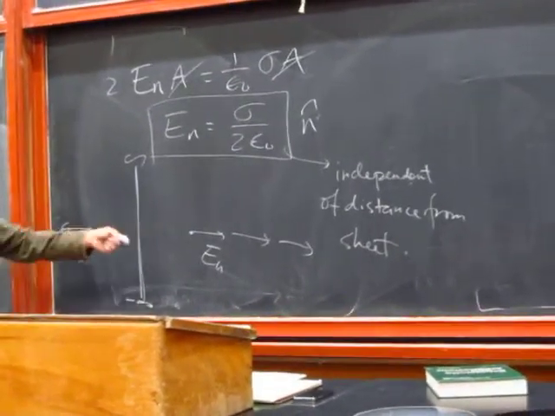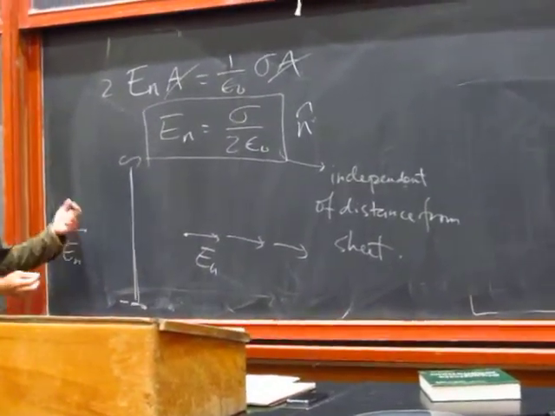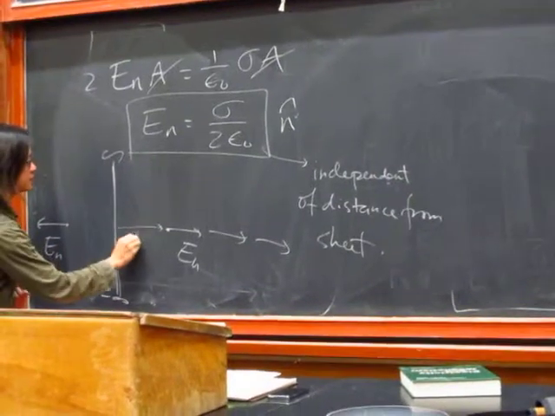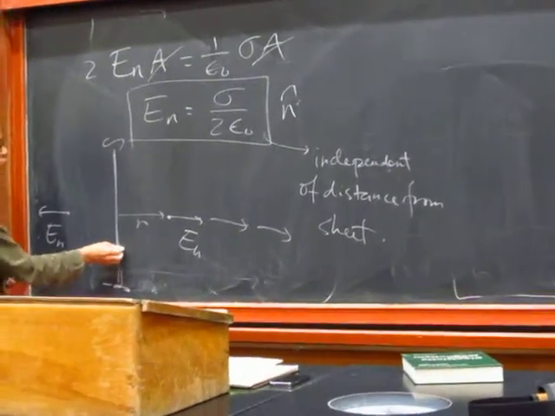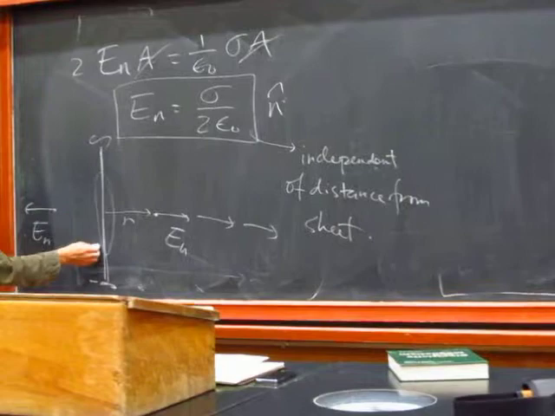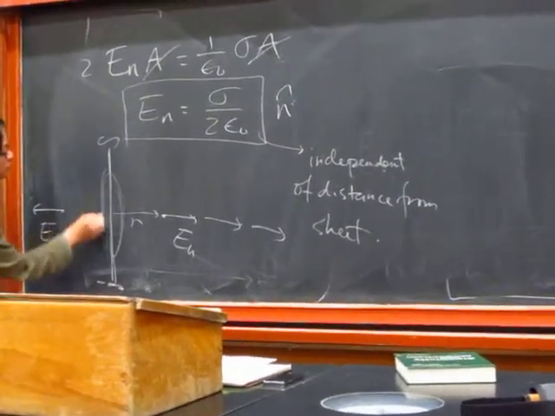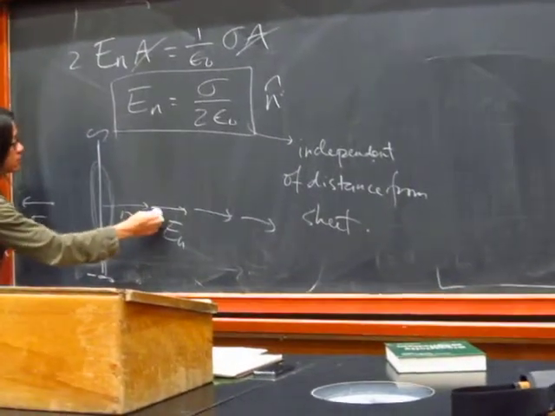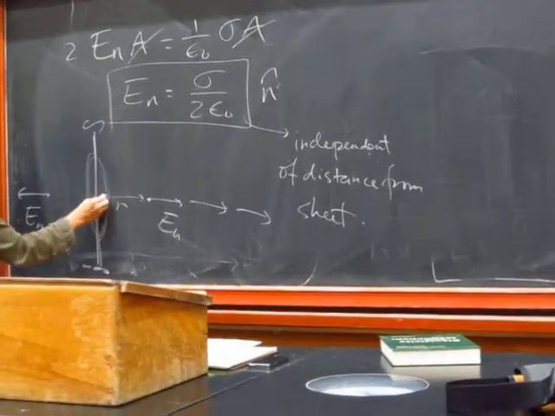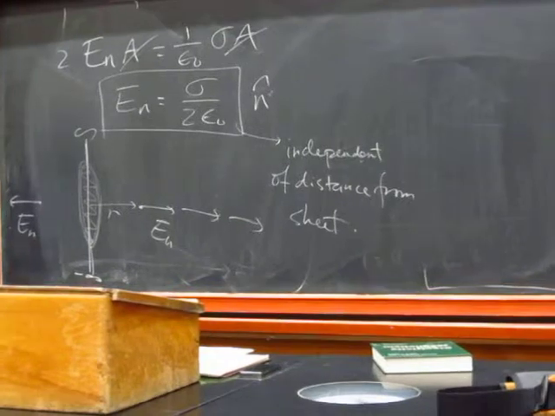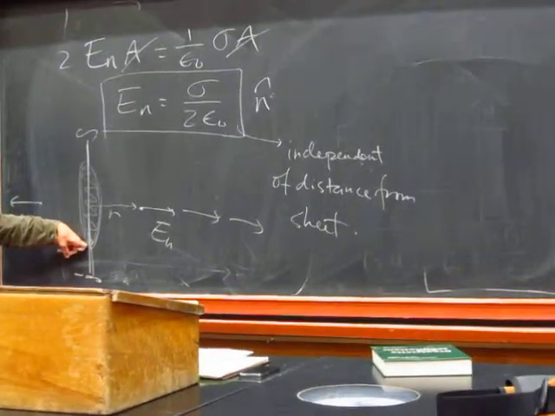Okay? And this kind of makes sense because if this is distance r, then order of magnitude wise, the charges that contribute to the electric field at point r come from a disk of radius r squared, right?